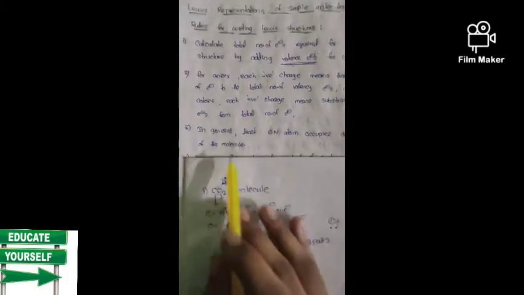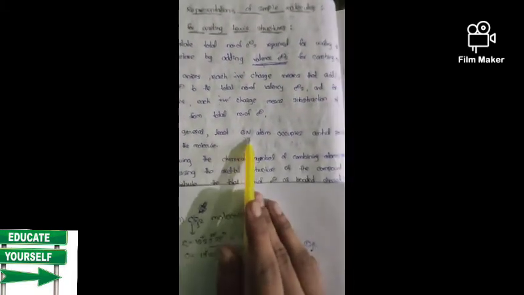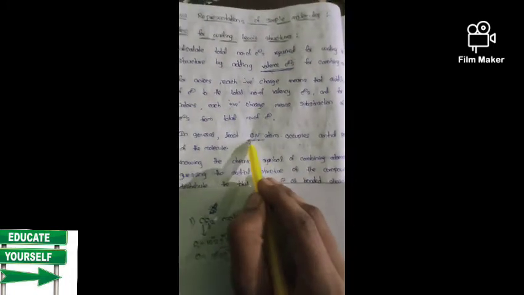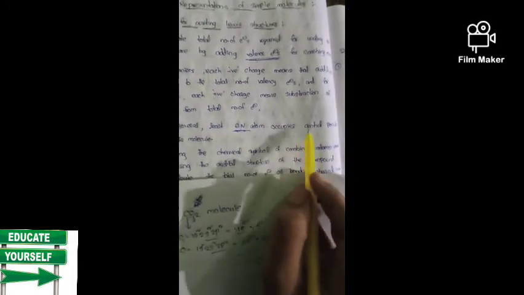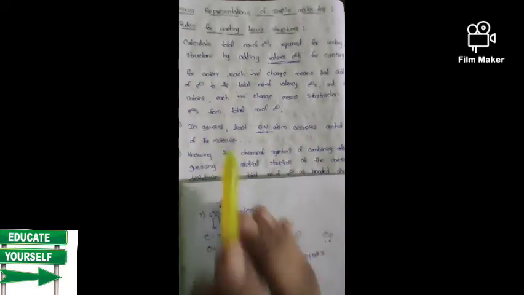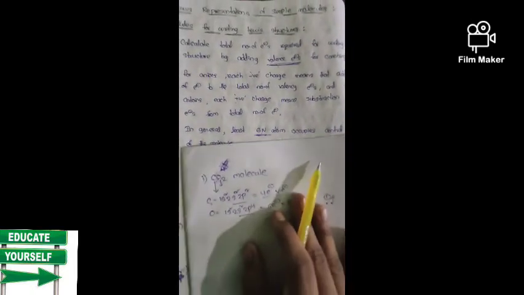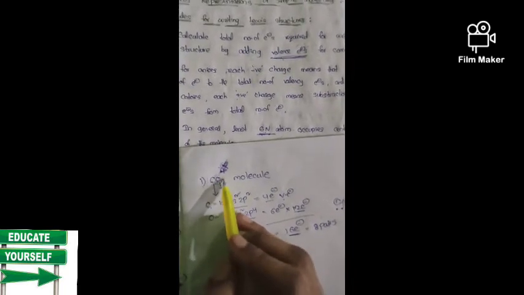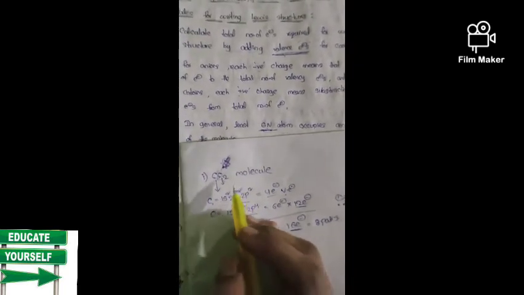The third point is very important: in general, the least electronegative atom occupies the central position of the molecule. First we have to see which atom in the given molecule is the least electronegative.